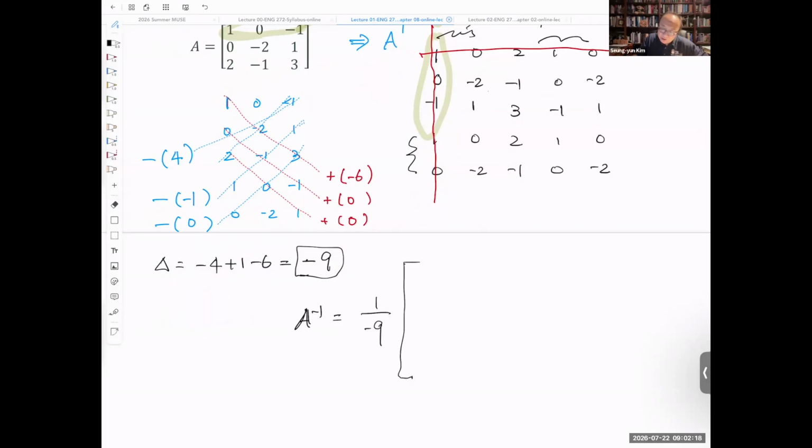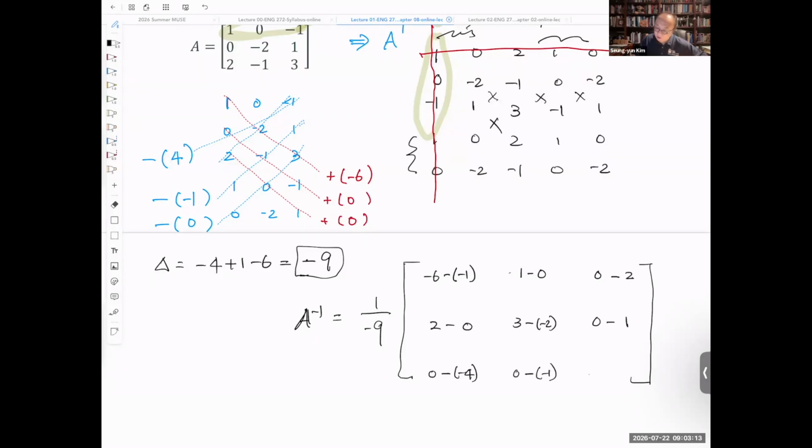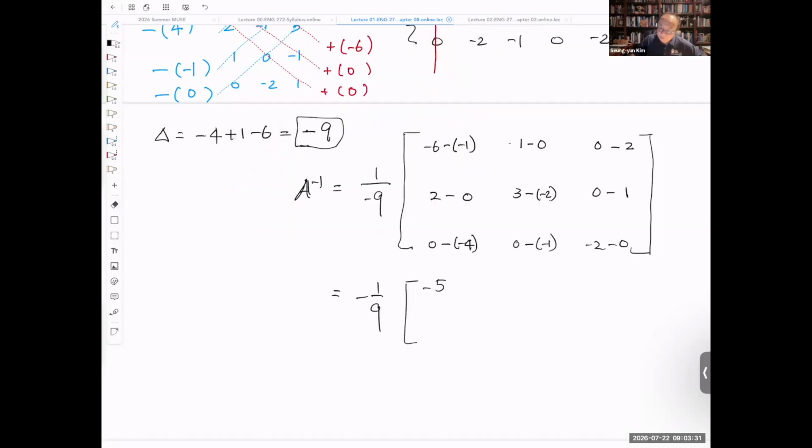And then when you do AD minus BC, negative 6 minus minus 1, and this AD, negative 1 times negative 1, which is 1 minus BC, and then AD 0 minus BC, negative 1 times negative 2, that's a positive 2, and then AD 2 minus 0, 3 minus minus 2, 0 minus 1, 0 minus 4, AD 0 minus minus 1, AD negative 2 minus 0, negative 5, 1, negative 2, 2, 5, negative 1, that's positive 4, that's a positive 1, that's a negative 2.